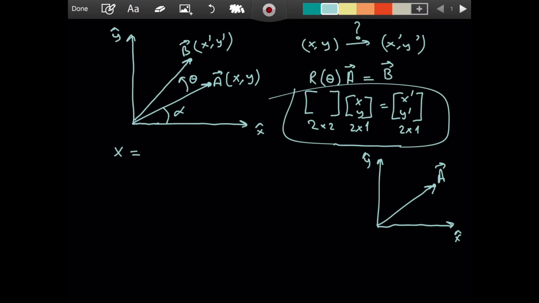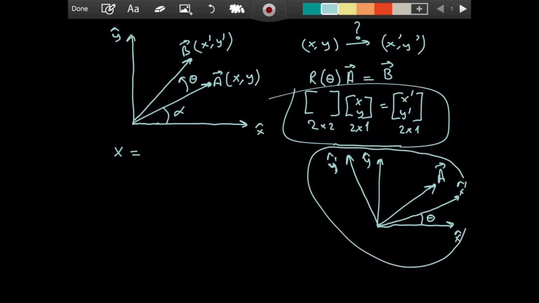We only change the coordinate system. We rotate the coordinate system by theta, let's say. This is x prime hat, and perpendicular to it we have y prime hat. And this is theta. We rotated the coordinate system by theta, not the vector by theta. And now we're asking for the new coordinates in terms of theta. We are not doing this because why am I mentioning this?